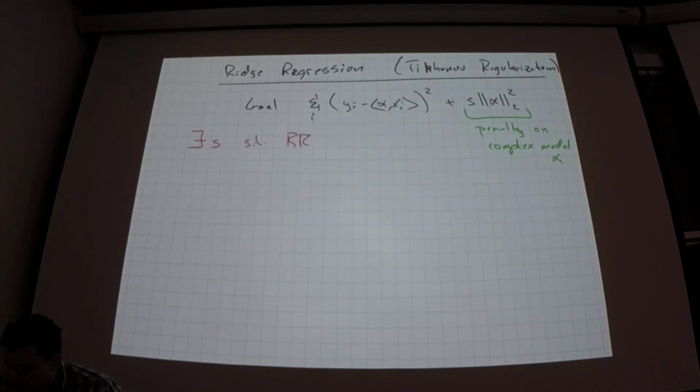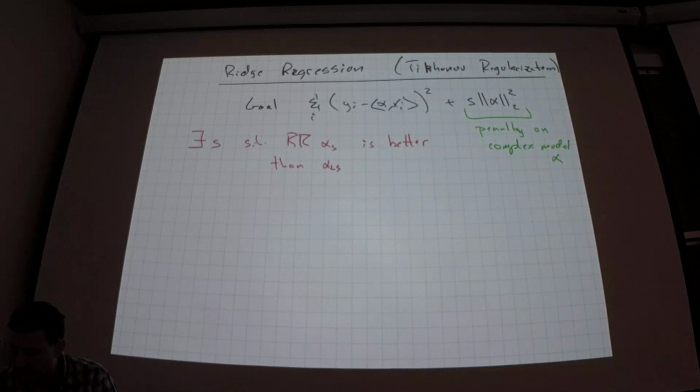the ridge regression solution alpha S is better than alpha 0. Well, just call this alpha from the least squares.